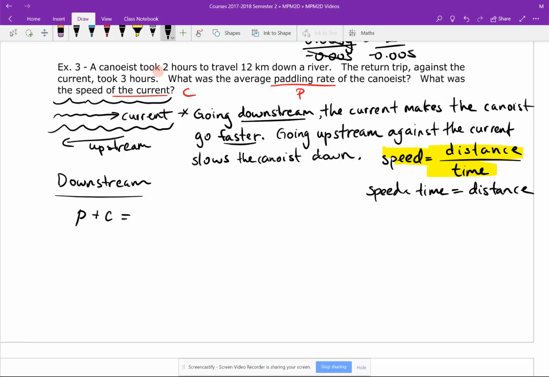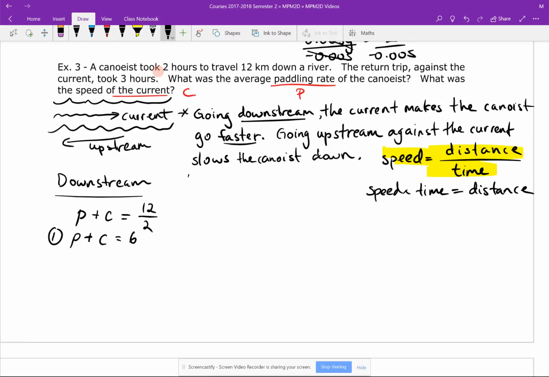It takes 12 kilometers to go down the river in 2 hours, so that's a speed of 6 kilometers per hour. The paddling speed plus the speed of the current, combined, gives a total boat speed of 6 kilometers per hour. So that's equation number 1.